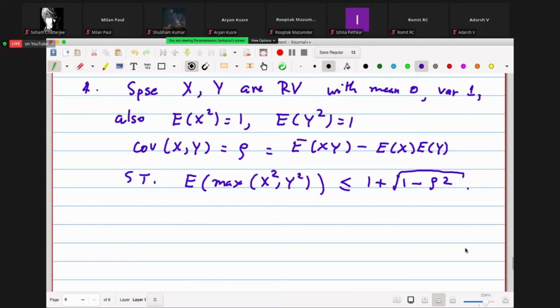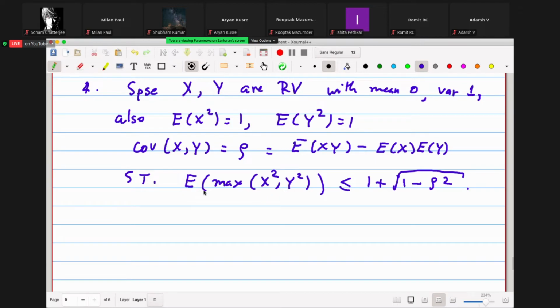In order to do this, you need to understand maximum of squares of two random variables.